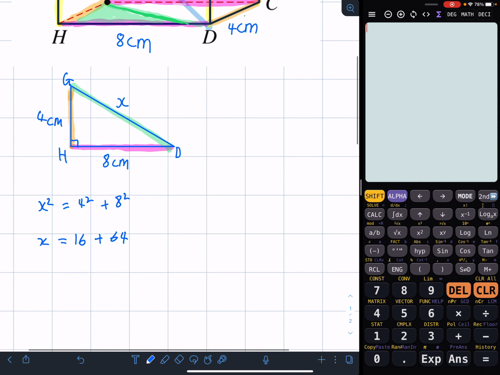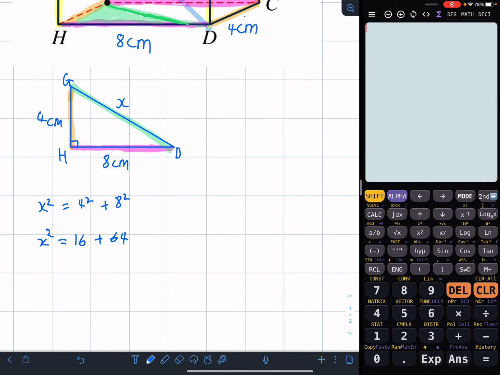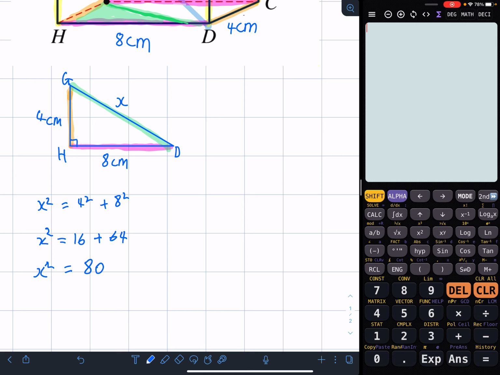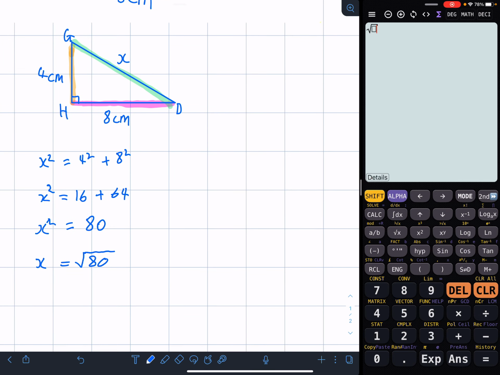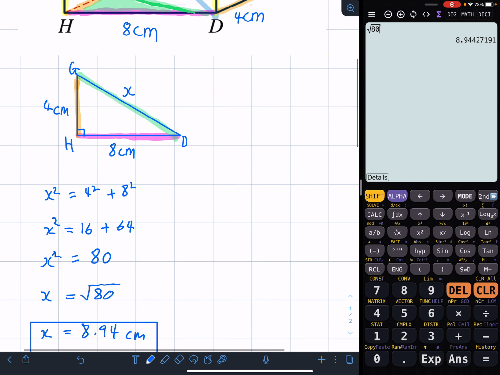So 16 plus 64 is x squared, which becomes 80. x squared is 80, which means x is the square root of 80. Using our calculator, that becomes 8.94 centimeters. I'm going to draw a little rectangle around that to show that's the end of our first step. 8.94 centimeters. Wonderful.